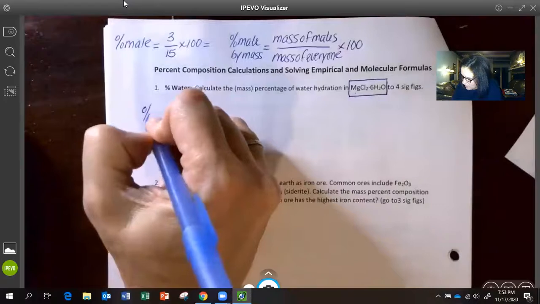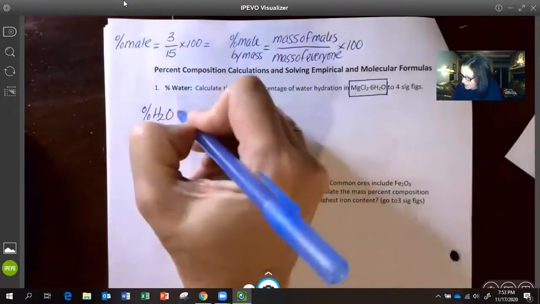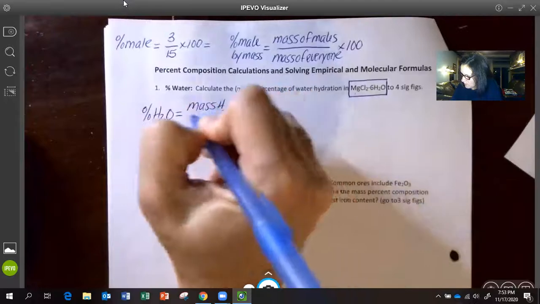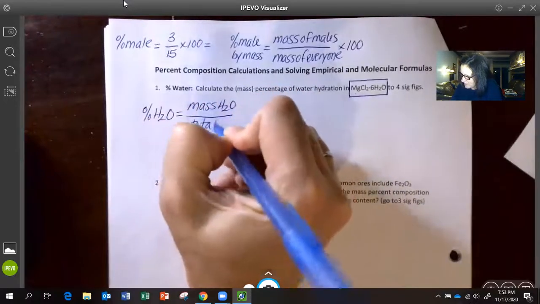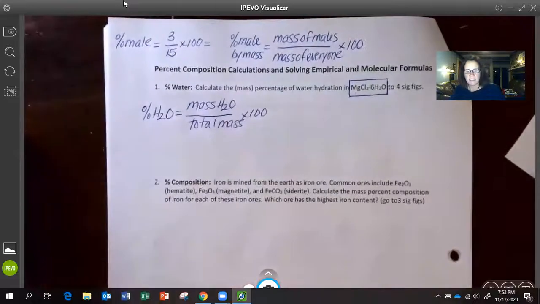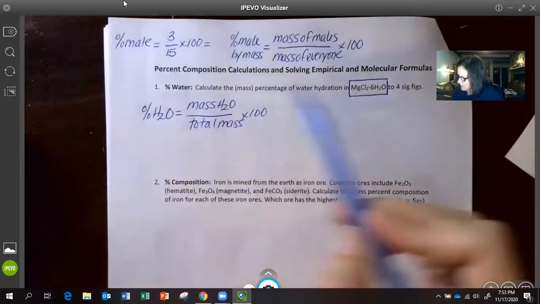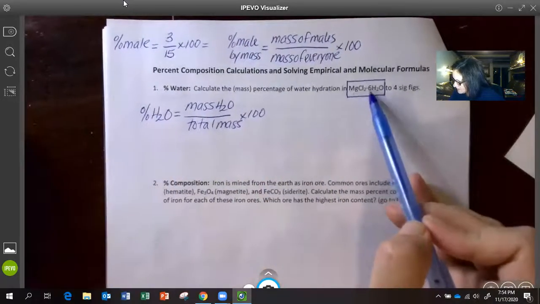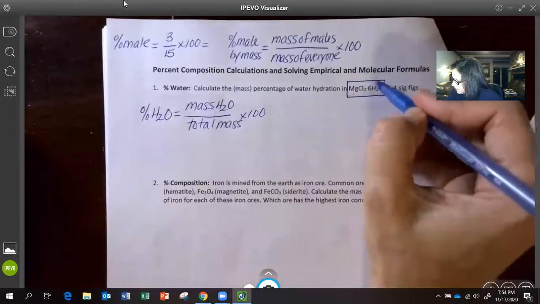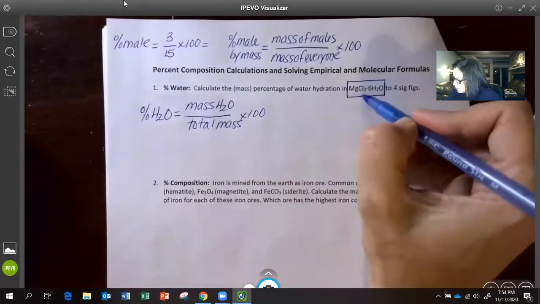So percent of water is going to equal the mass of the water over the total mass times 100. And it says to calculate this to 4 sig figs in this problem. So let's talk about how we're going to do that. When we look at this formula, this 6 out in front tells me there's 6 water molecules associated with 1 MgCl2.